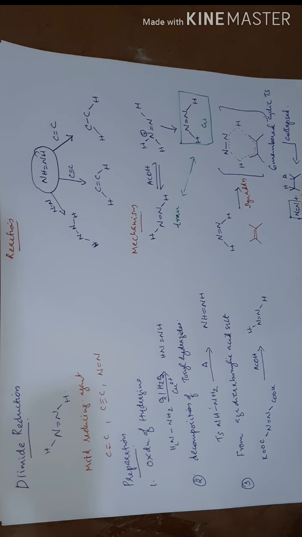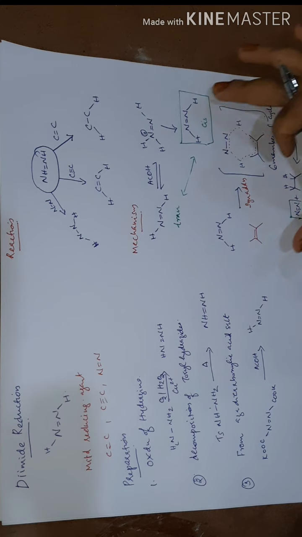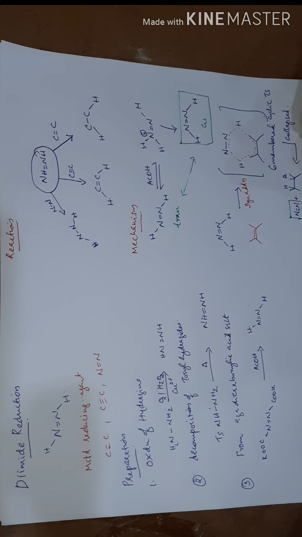That is, in the normal case, the N triple bond N state is the most stable state, and in order to produce this most stable N triple bond N state, this mechanism proceeds in this way, and this can be considered the driving force for this reaction. Okay, clear. So this is the basic mechanism of this diimide reduction.